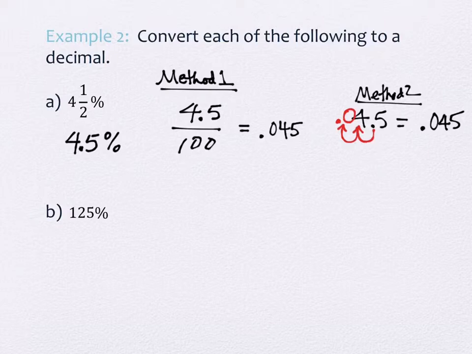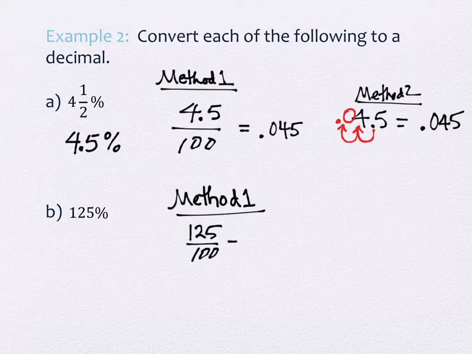Either way works. So how about 125% with method 1? Well, you'd write it as 125 over 100. What will that give you? 1.25. 1.25.